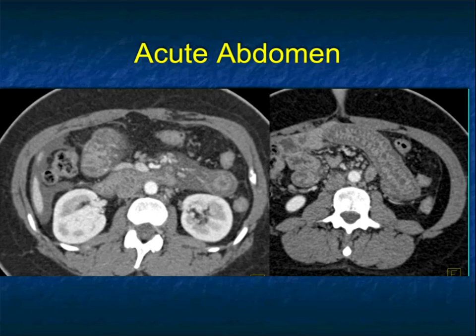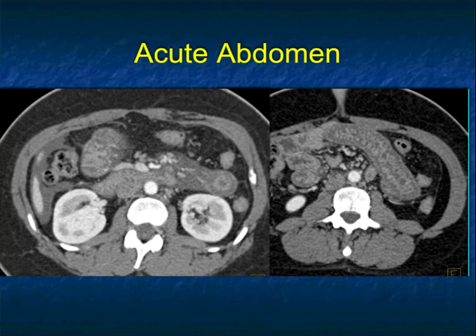ACE inhibitors, typically within 12 to 36 hours, you present with an acute abdomen. It looks like ischemic bowel. It looks like the worst looking bowel you've seen. Could simulate many of the things I spoke about this morning. But again, oh my God, the patient may go to the OR. Well, the way you treat patients who have this reaction to ACE inhibitors is simply stop the ACE inhibitors and they will be fine within a day.